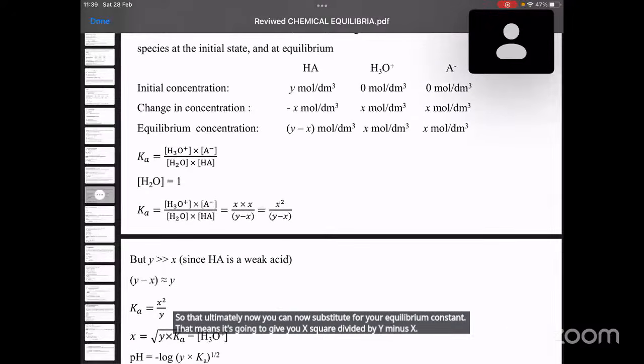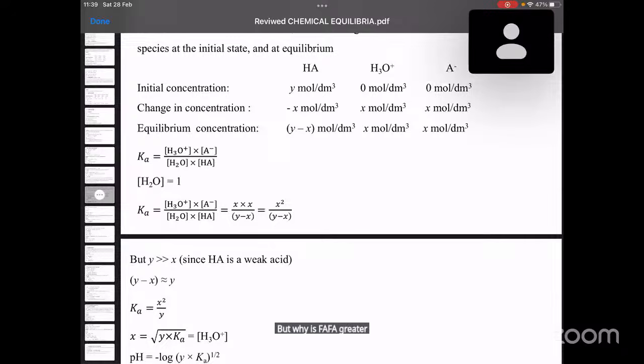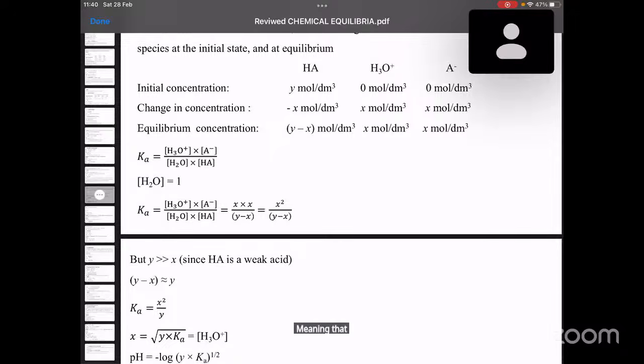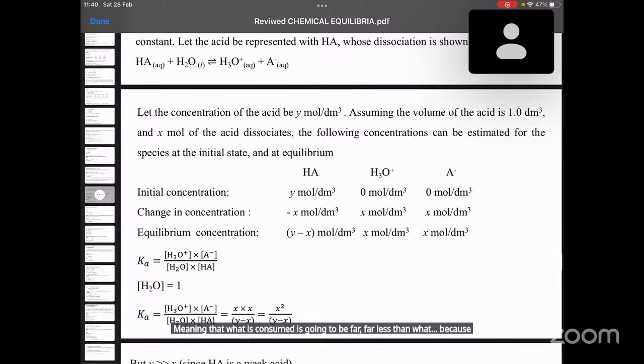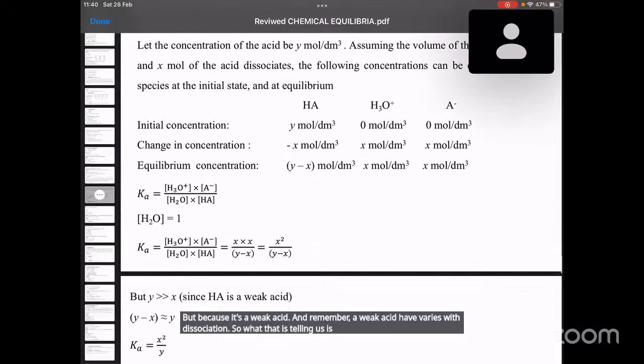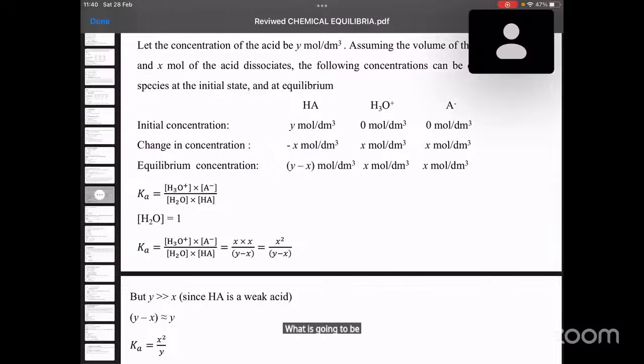But Y is far greater than X because we're saying that it is a weak acid. That means the dissociation is very weak, meaning that what is consumed is going to be far less than what we started with. Because it's a weak acid, and remember, weak acids have very weak dissociation, what is going to be dissociating is going to be very small.